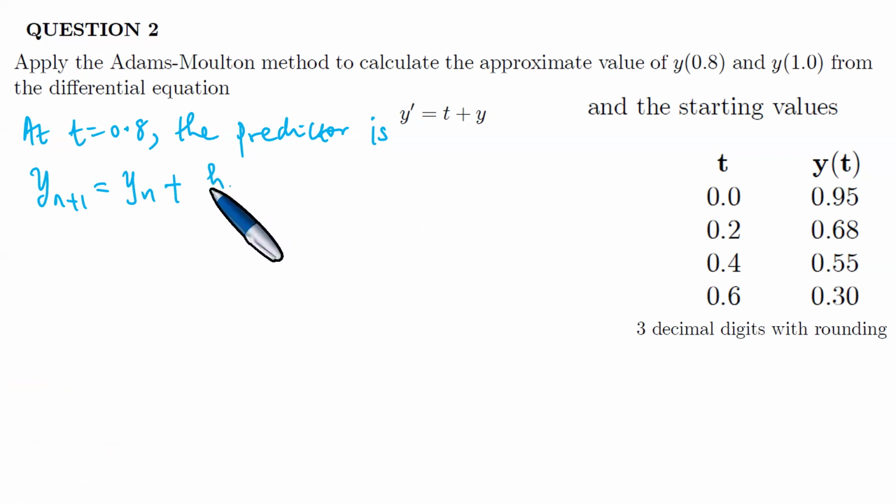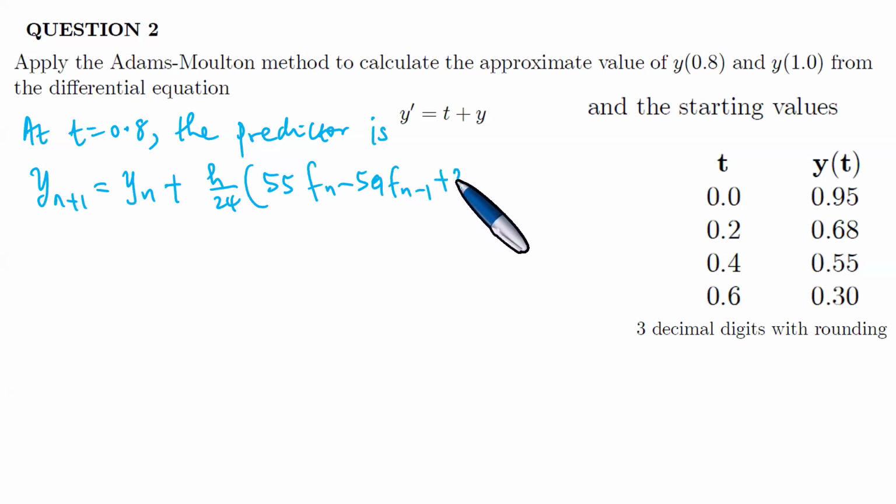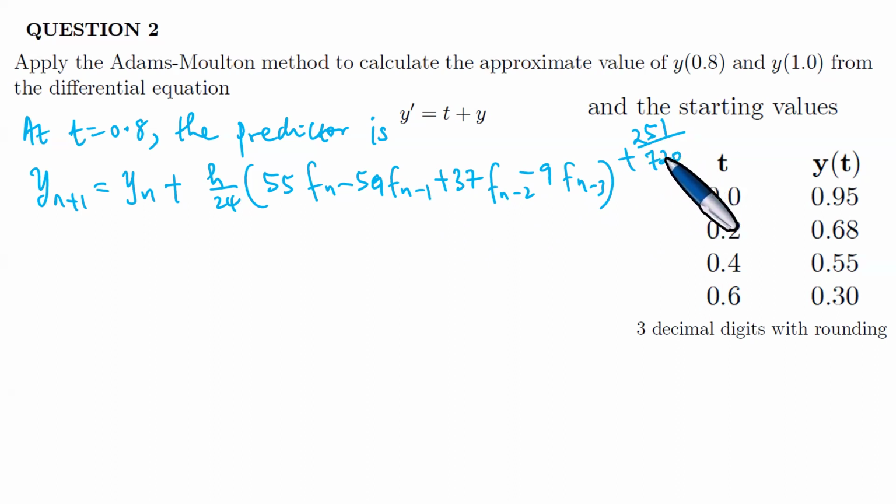So now, h out of 24, 55 Fn, minus 59 Fn minus 1, 37 Fn minus 2, 9 Fn minus 3, plus this.